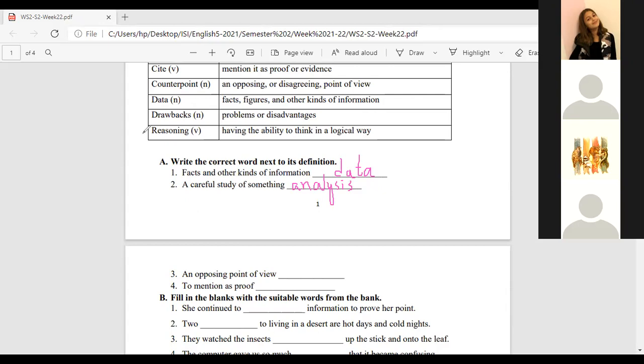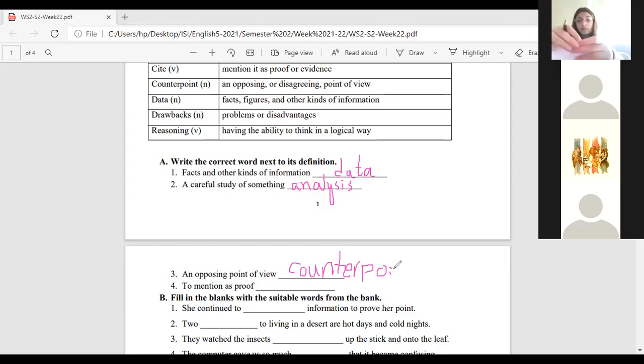You have 4 words. You have reasoning, drawbacks, data, counterpoint. Yes, it's counterpoint. When you have opposite ideas, we mean counterpoint. Thank you, Matt. Counterpoint.